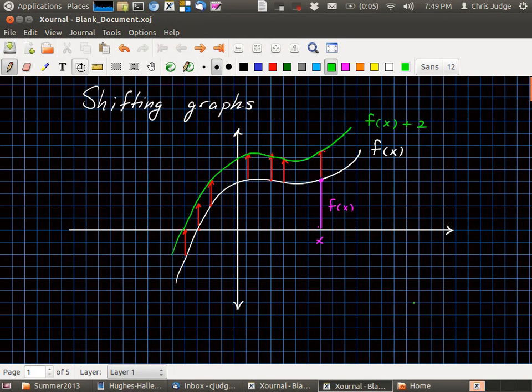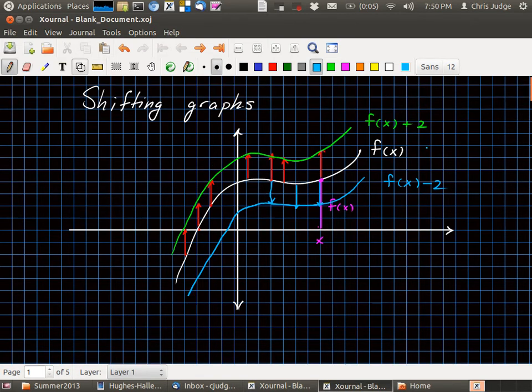What if instead of adding 2, I subtracted 2? What if I took f of x and I subtracted 2? Well, I'd be subtracting 2 from the height of the graph at each point, so I'd be going down by 2. It would shift down by 2. So shifting down by 2 would give me a graph that sort of looks like this.